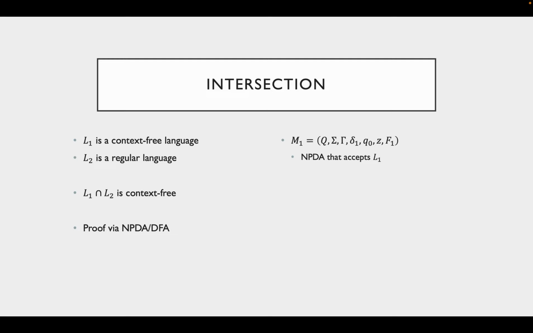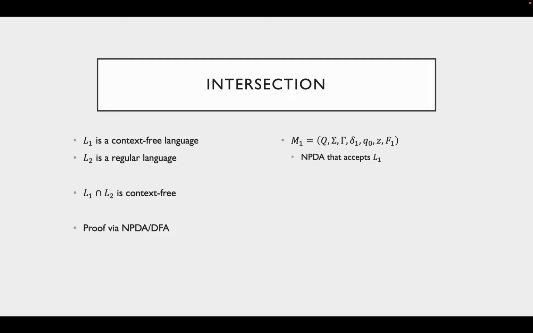M1 is going to describe our NPDA for language 1. We have Q, sigma, gamma, delta 1, Q0, Z, and F1. Q is going to be our set of states, sigma is going to be our alphabet, gamma is going to be our stack alphabet, delta 1 is going to be our set of transitions, Q0 is going to be our starting state, Z is going to be our starting stack symbol, and F1 is going to be the set of final states.